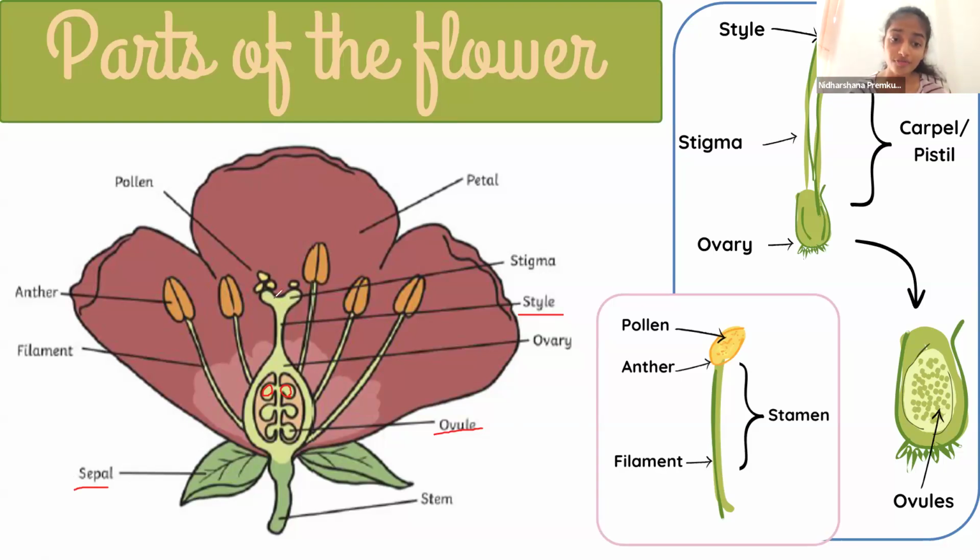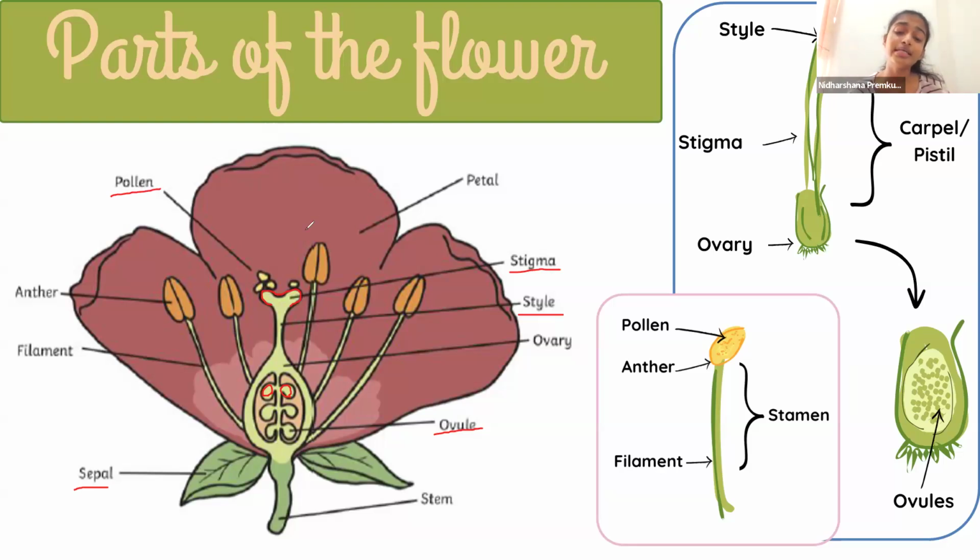Now, on top of the stigma, you can see a few yellow color dots. They are the pollen. You might have seen pollen in flowers. What do you call it? Nectar. Those are like the sweet nectar of the flowers.